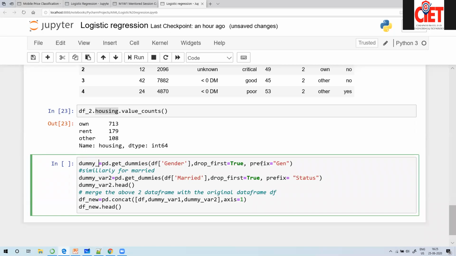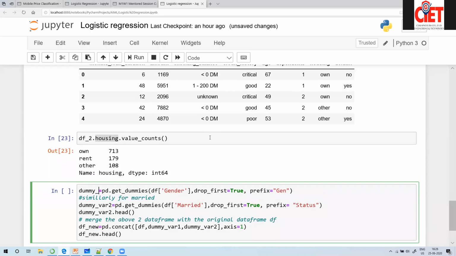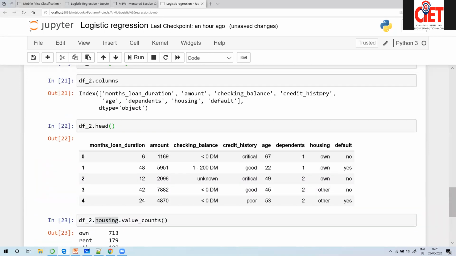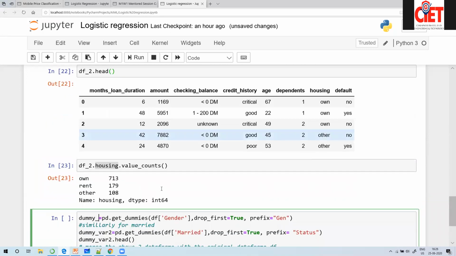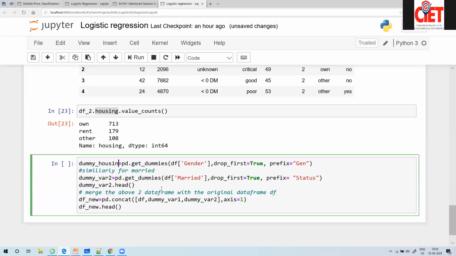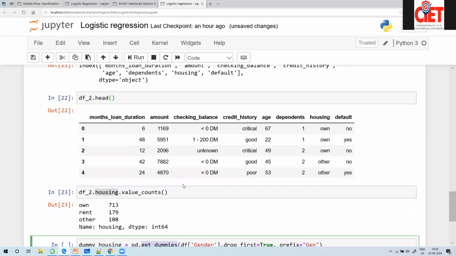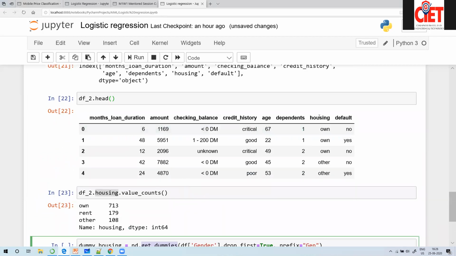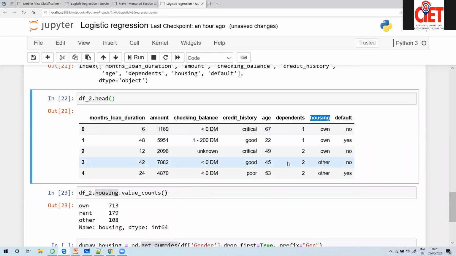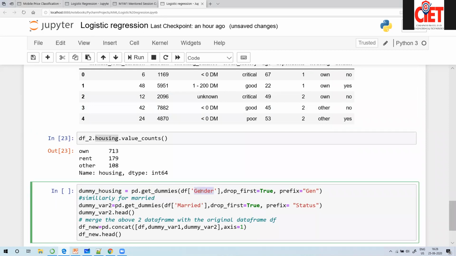Okay, fine. So we are going to create dummy variables for the column housing. So let's say dummy_housing is equal to, in pandas, we have a function called get_dummies. So I'm going to use that. And what is the variable for which we are trying to create dummies? On the variable housing.